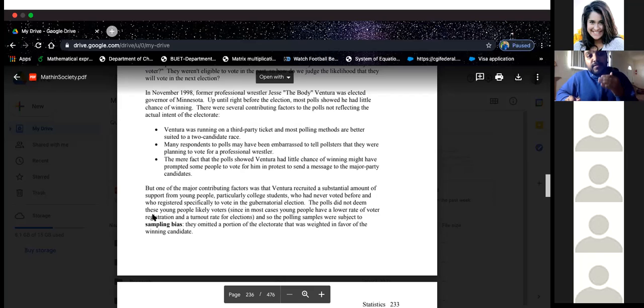They have a definite lower rate of turnout. So they actually kind of ignored that side. I mean, they ignored the young and new voters.